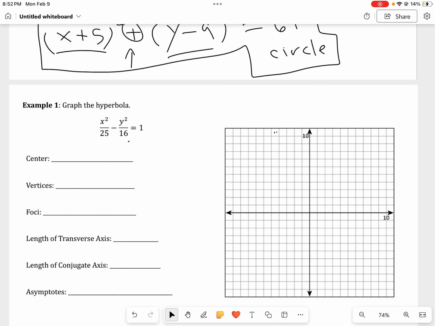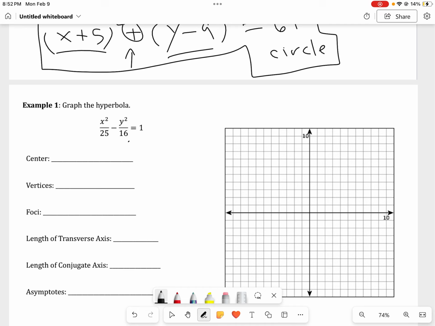So now we're going to graph hyperbolas. I feel like this can get annoying, graphing hyperbolas. I feel like a hyperbola in general is just annoying, but we can do it really quickly, actually. Okay, so with a hyperbola, it's important to know certain aspects of it.